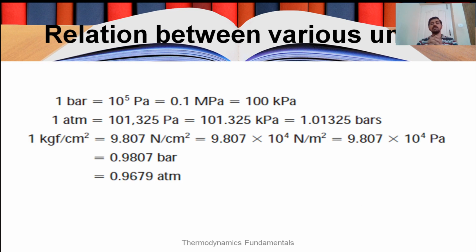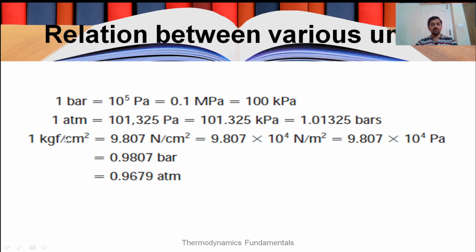Now let us see the relation between various units. First, the relation between bar and Pascal. Bar is another unit for pressure. So 1 bar is equal to 10 to the power 5 pascals. Similarly, atmosphere is another unit for pressure, related to Pascal as 1 atmosphere is equal to 101,325 pascals or 1.01325 bars.